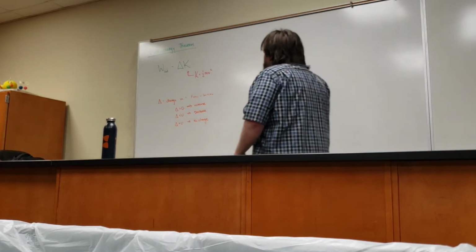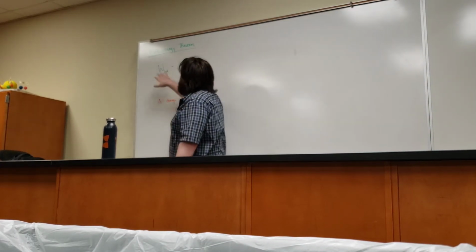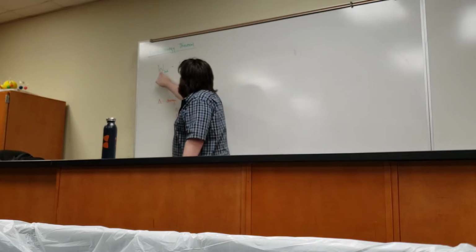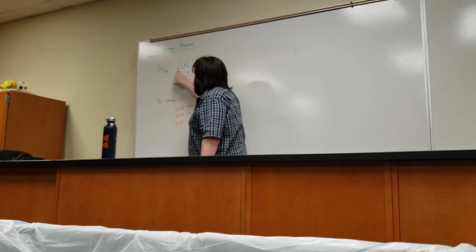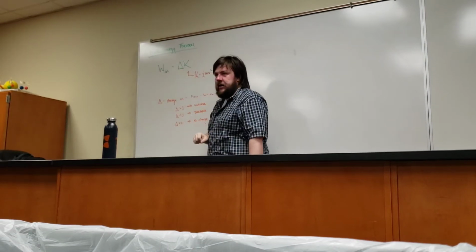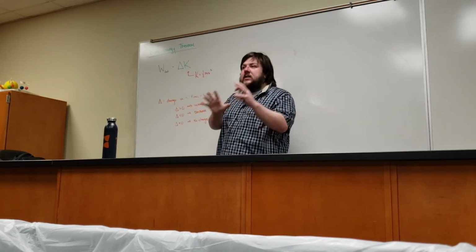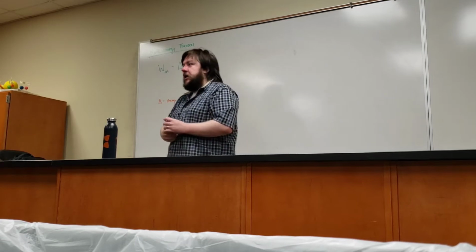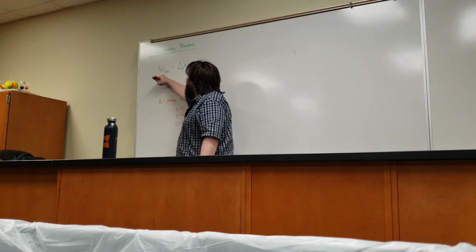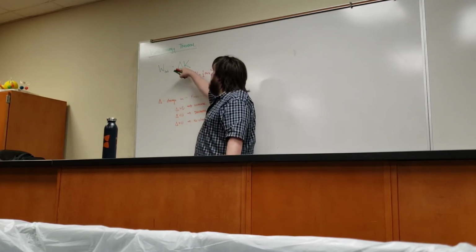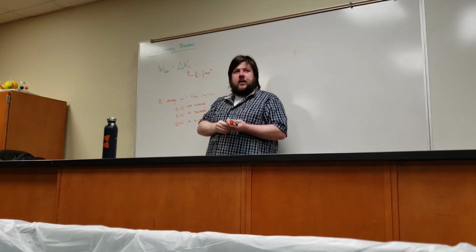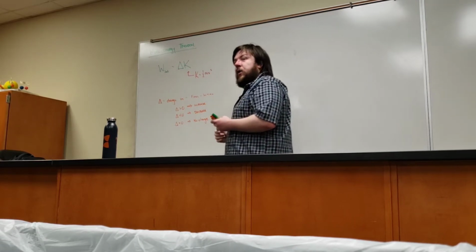This is important because the work-energy theorem relates the total work to the delta of kinetic energy. Not to kinetic energy itself, but to the delta of kinetic energy. So if the total work is positive, what does that mean about kinetic energy? It's increasing.